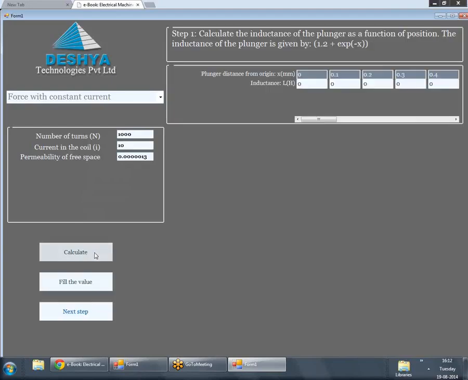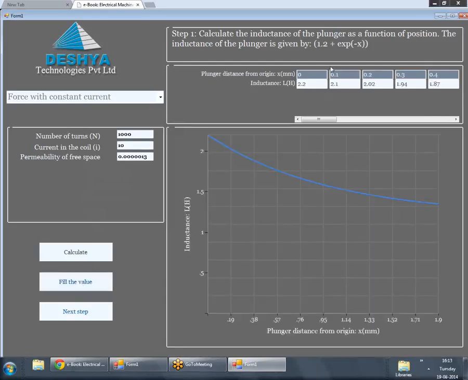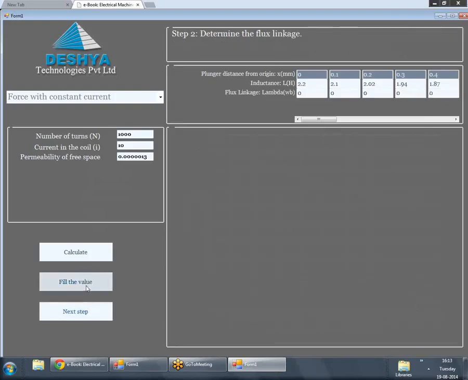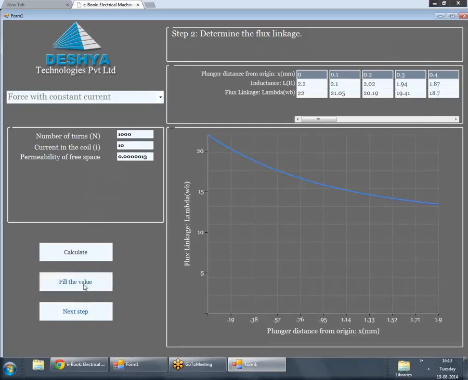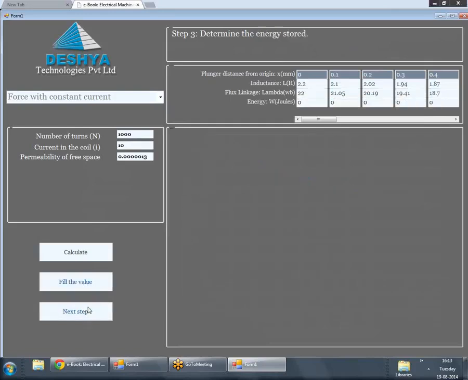This is a constant current motion. I gave a fixed value of current, 10 ampere, so I find out the inductance. The inductance variation is given here: it's 1.2 plus some exponential of position. This is the inductance variation for the closed position and the open position. Finally I find out the flux linkage, and then I go to the next part, energy.